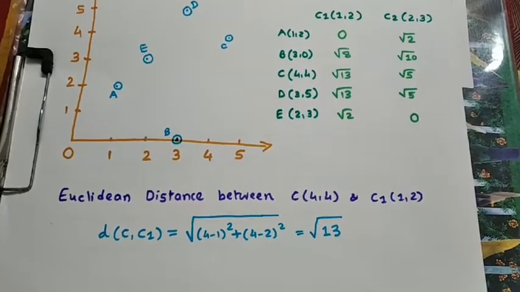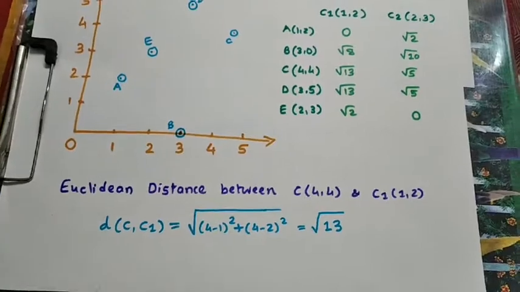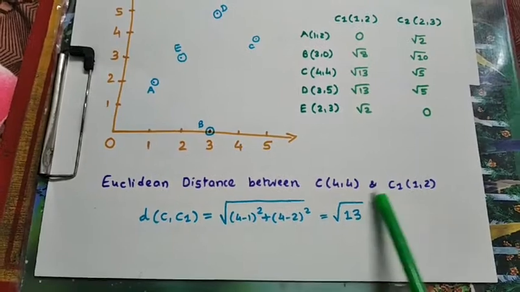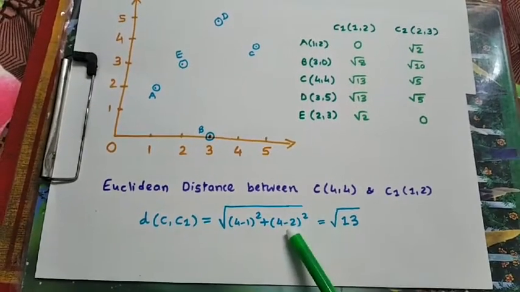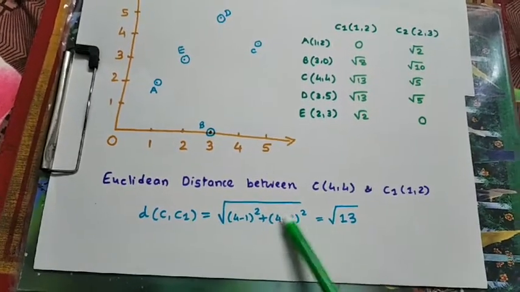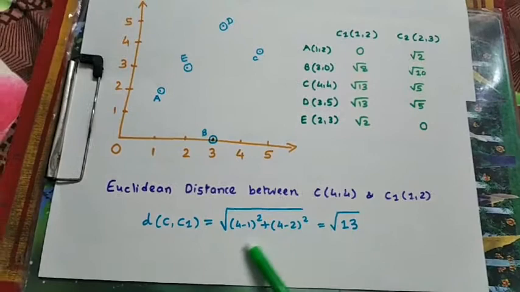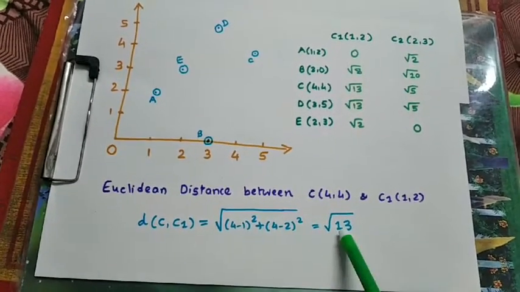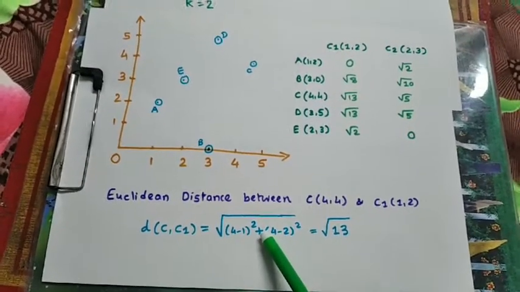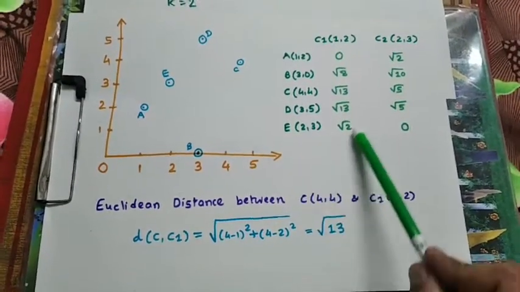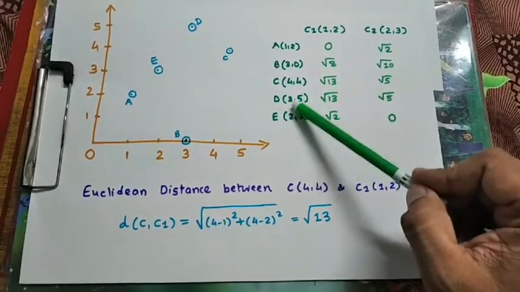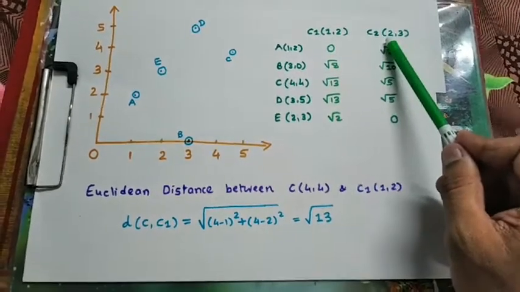It is given by this formula: square root of (4 minus 1) squared, that is the difference between the x coordinates of both objects, plus the difference between the y coordinates, (4 minus 2) squared, and the whole summation under the square root. This is the Euclidean distance between C and C1. You can use the same approach to calculate the Euclidean distance between each pair of objects, each object's distance with C1 and with C2.